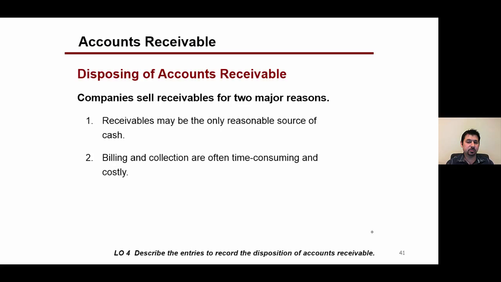Companies might sell them to other organizations who have a dedicated collection department and people with expertise whose main job is to follow up with the accounts receivable and collect them. So it could be to raise some cash or to outsource the collection of accounts receivable.